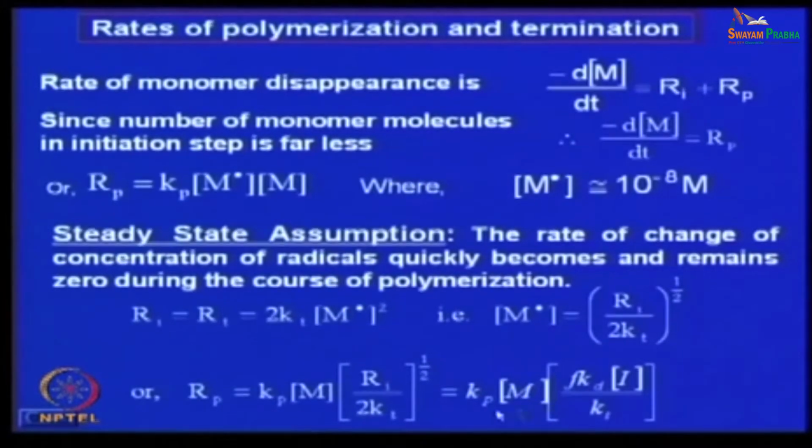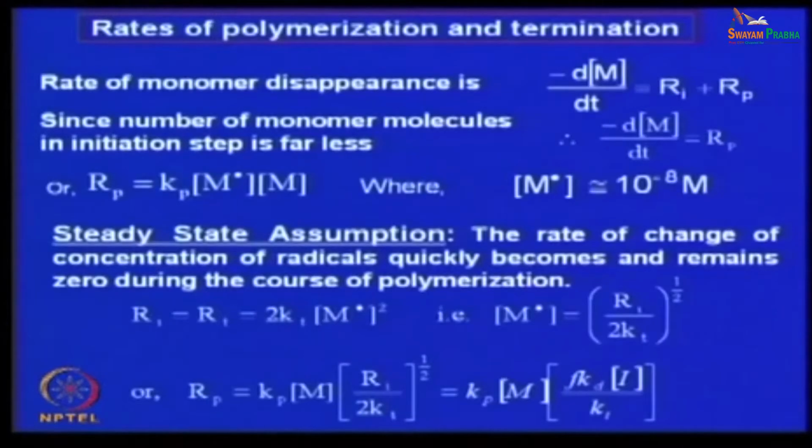So, this is the overall rate of propagation, overall rate of polymerization. You should not forget this. So, R P is equal to rate constant into the monomer concentration term into efficiency factor into rate of decomposition of the initiator into initiator concentration divided by termination rate constant.